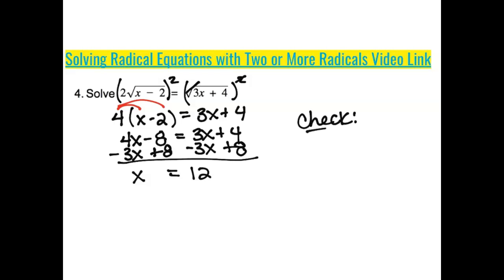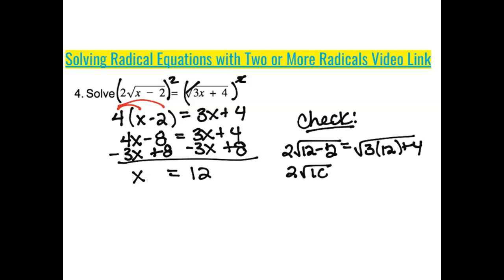Alright, now I'm just going to check that, make sure it works out. So I plug it back into the original. I've got 2 times the square root of 10 equals the square root of 40.